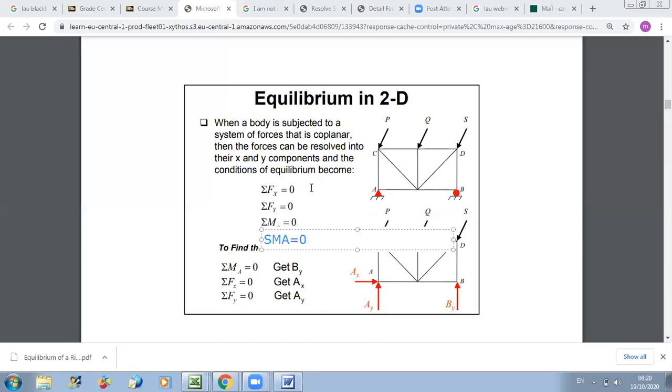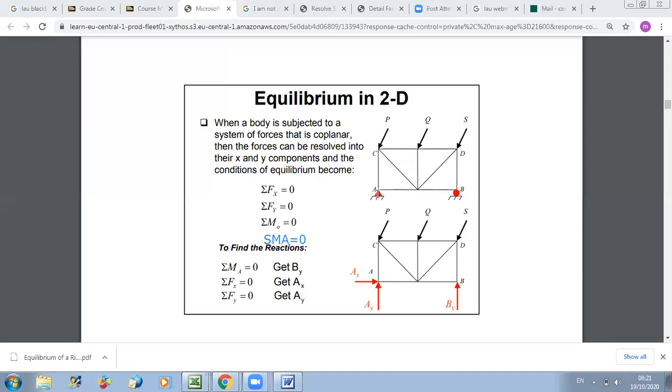No, it's wrong. Why? Because one of them will be a repetition of the others. So you cannot solve more than 3 unknowns in equilibrium in 2D. And if you have another force unknown, you should think about an equation different from the equilibrium equations.